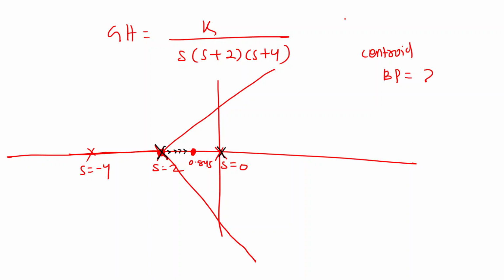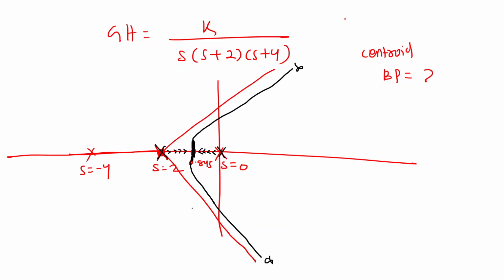They are approaching each other. At this point there is a breakaway point. Here one pole will go parallel to the asymptote like that, and the other goes like this.